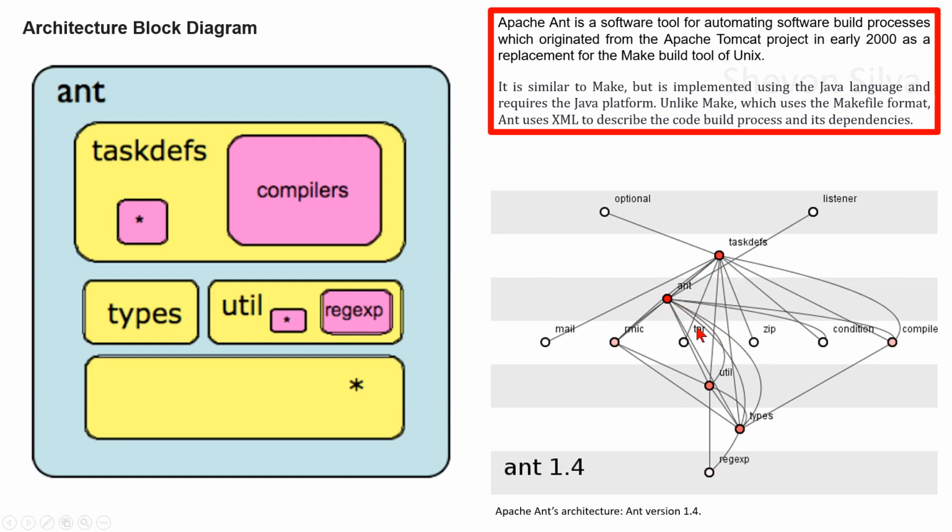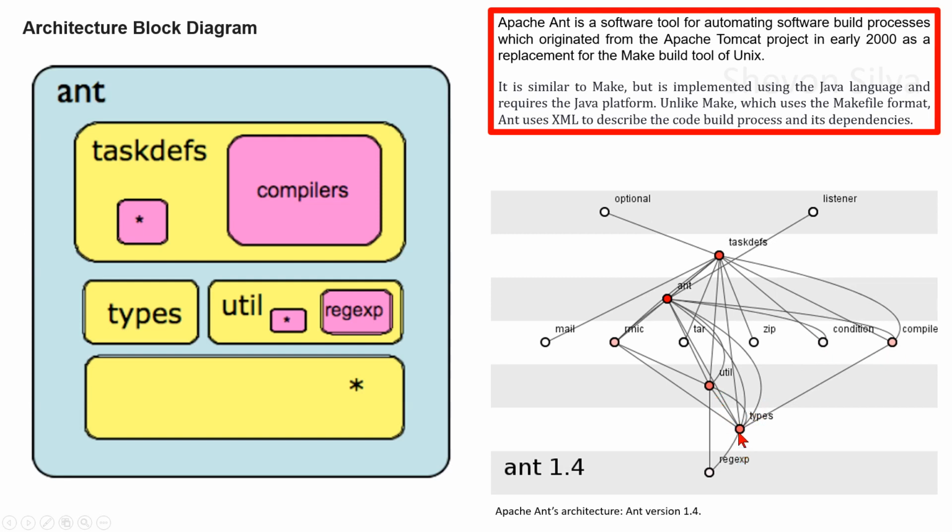Here Ant interacts with Taskdefs, listener, Util, types, RMIC, condition, and compile.